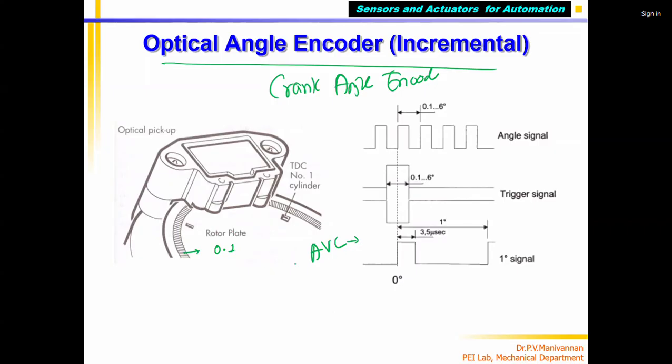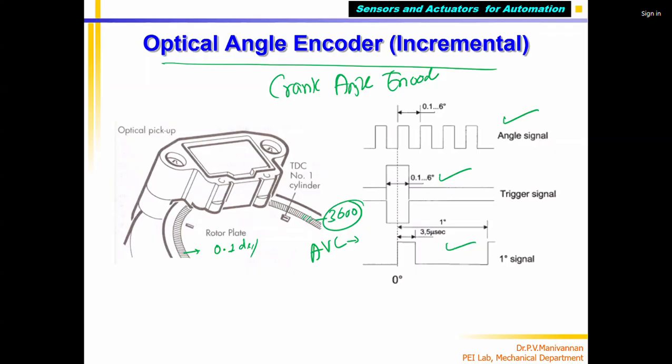It can measure 0.1 degree crank angle because it has 360 degrees, and you can see there are 3,600 slots. On one side you have the light source, and it produces three signals: the 0.1 degree accuracy angle signal, and also one trigger signal and one reference signal.